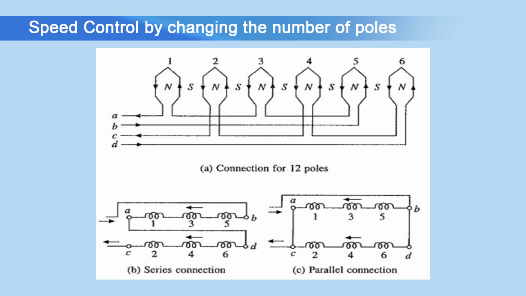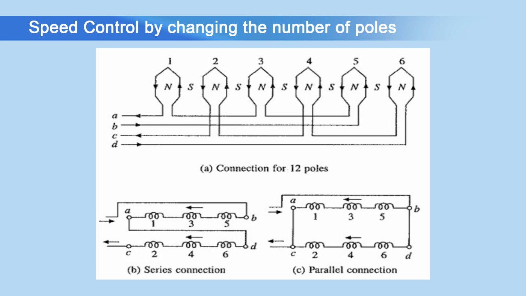Hence south pole will be formed in the interpole space, and the stator will experience presence of 12 poles. The required direction of current through coils can be obtained by connecting 2 sections AB and CD either in series or in parallel as shown in figure 2B and C.